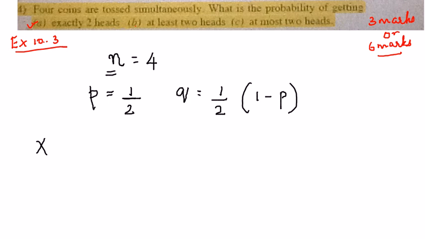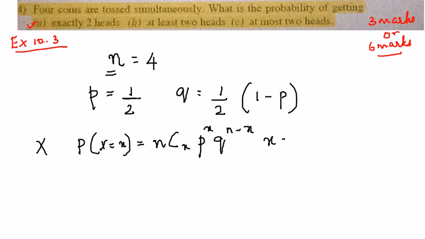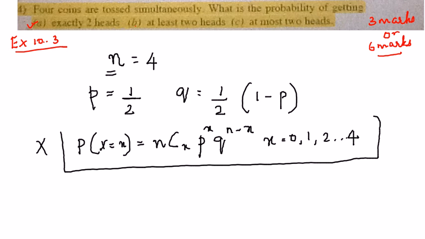So probability of X equal to x, my formula for binomial distribution is going to be nCx p power x q power n minus x, where x takes the values 0, 1, 2 and so on up to 4, because my n is equal to 4. Always keep writing the formula so that it always stays in your memory. Even when you're practicing, keep writing the formula.